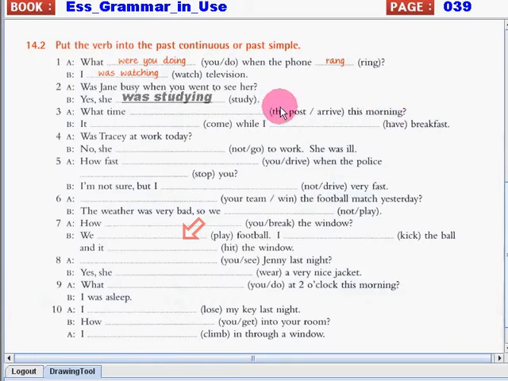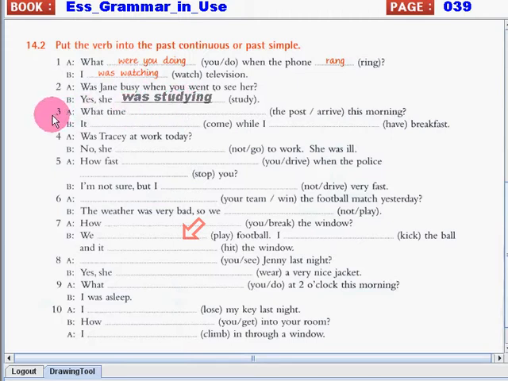Very good, students. Now, it should be the past continuous tense. Yes, she was studying. Because this is the long action, and in the middle of this long action, someone visited her. Okay, so that was the short action that interrupted the long action.